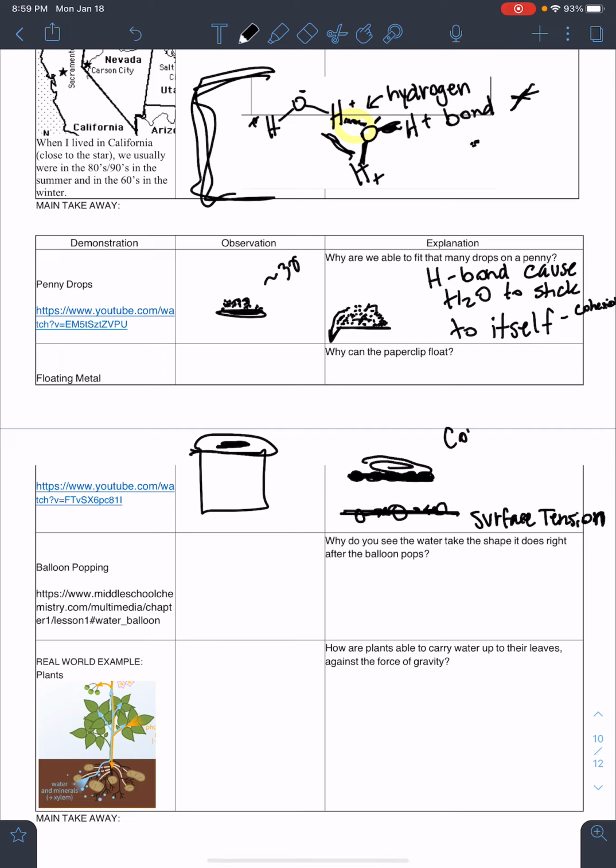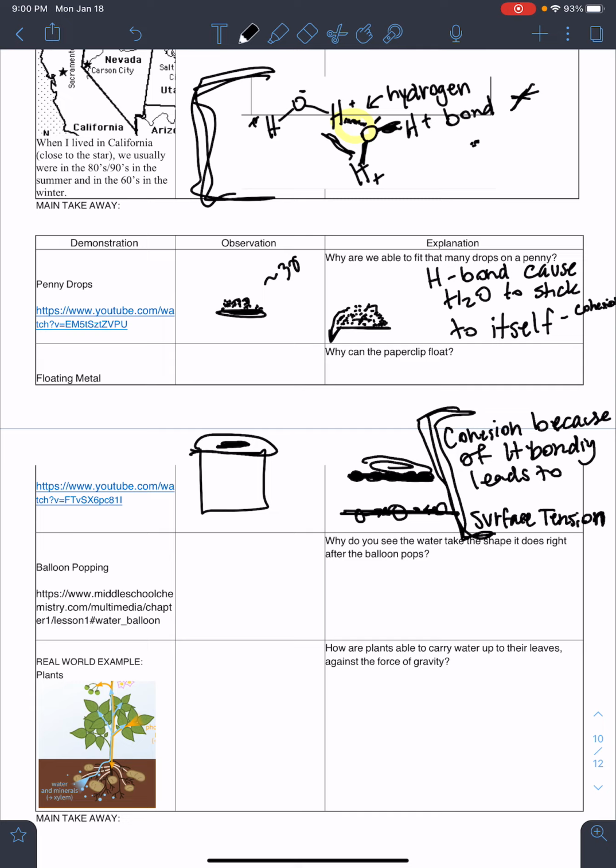So the cohesion, or the sticking together of water, because of hydrogen bonding, leads to surface tension, and that surface tension holds up the paper clip.